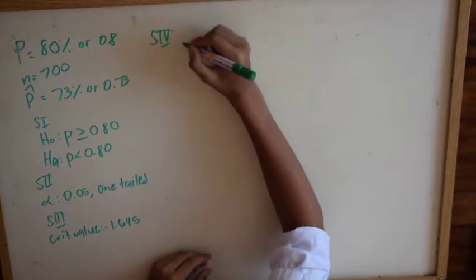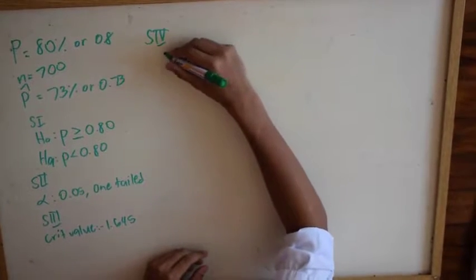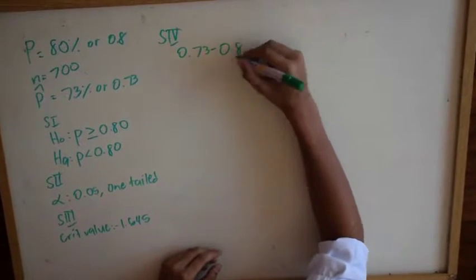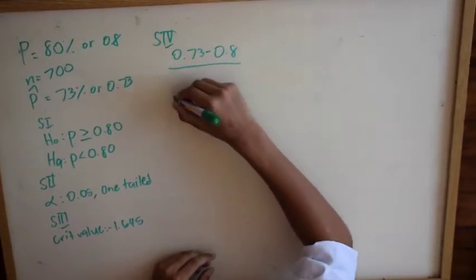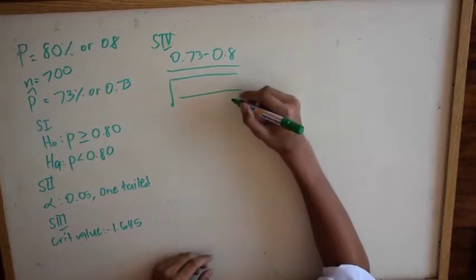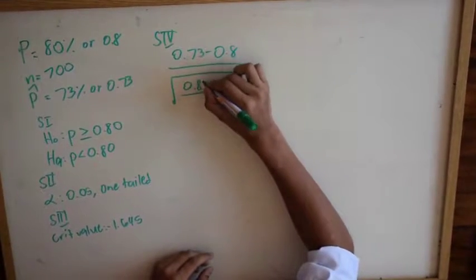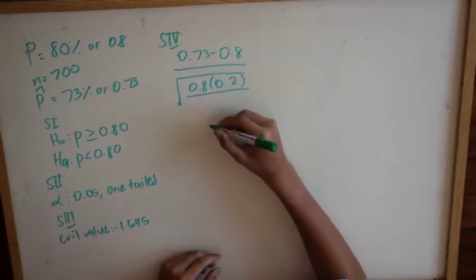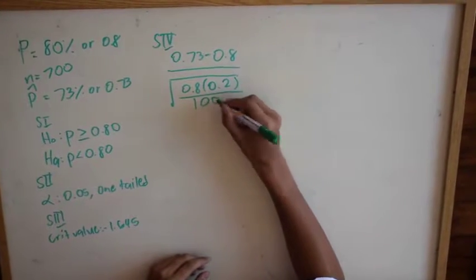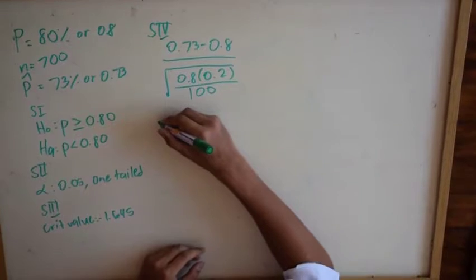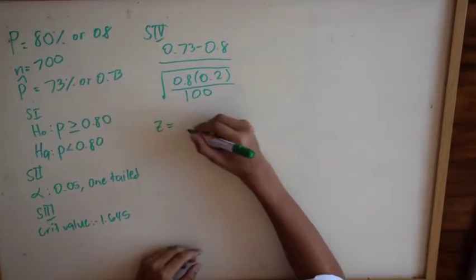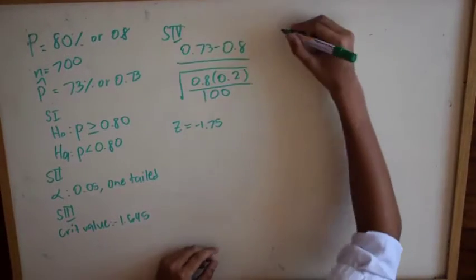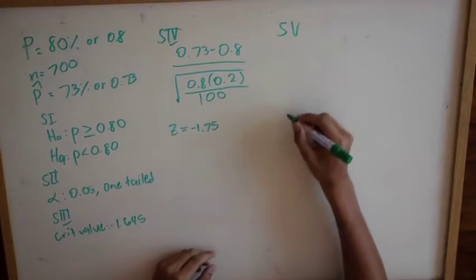Fourth step, plug in the data into the formula. 0.73 minus 0.8 all over the square root of 0.8 times 0.2 over 100. The fifth step, we then draw the graph with the normal curve and determine the critical values.